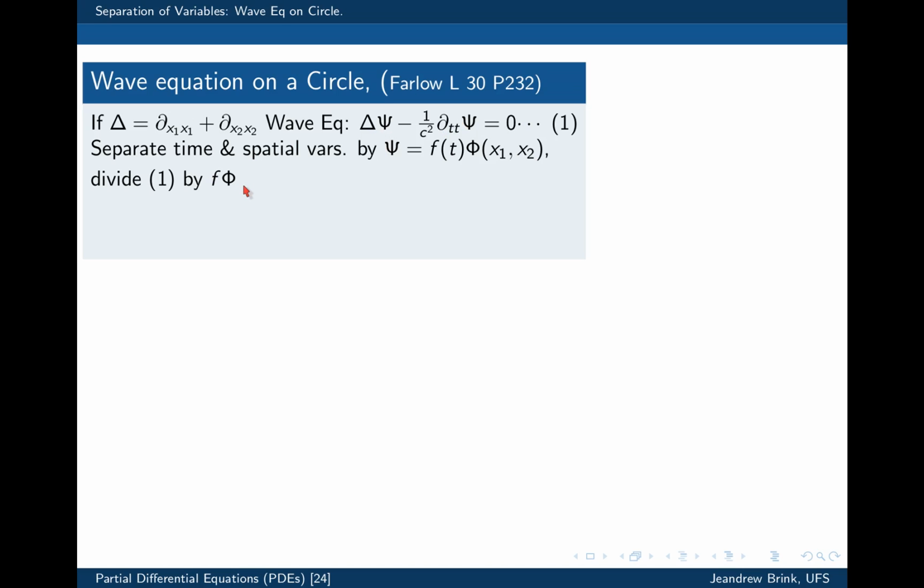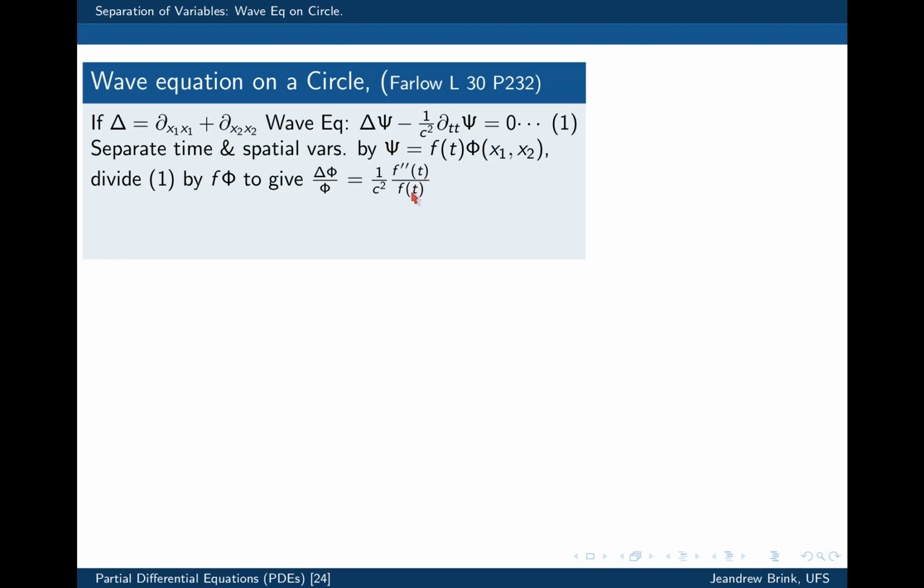Okay, so this we've done before, and what we get is the Laplace applied to psi divided by f phi, which is just f times the Laplace applied to phi, divided by f phi, so we're left with Laplace of phi divided by phi. And I'm going to move this to the right-hand side. The second derivative with respect to t applied to psi is just f double prime times phi, but we're dividing by f phi, so the phis cancel, and we're left with f double prime over f of t.